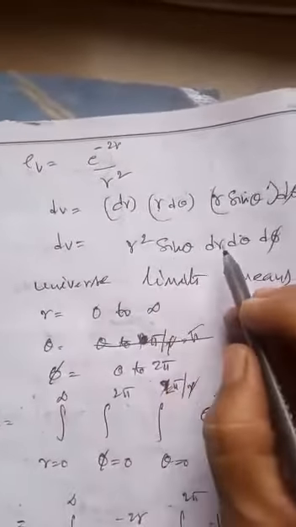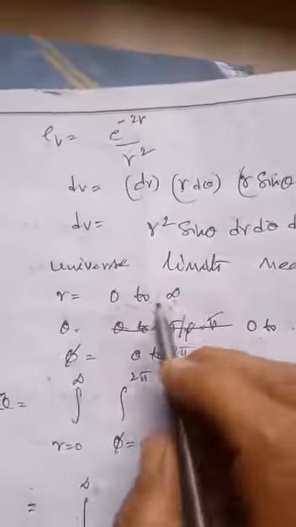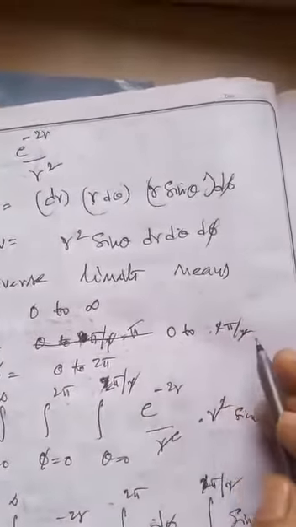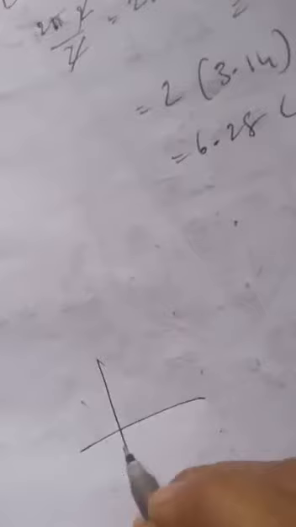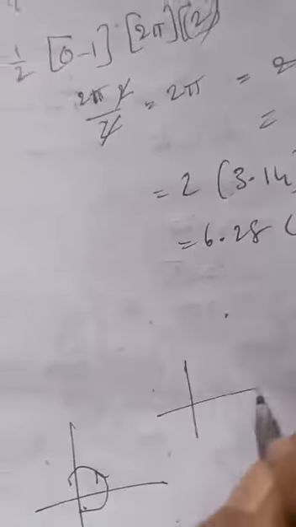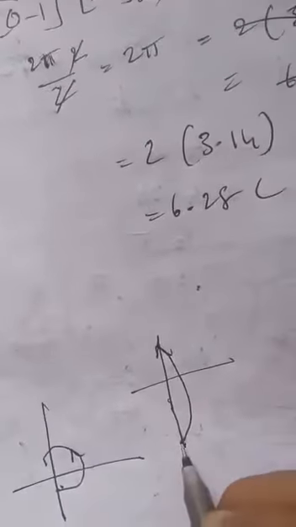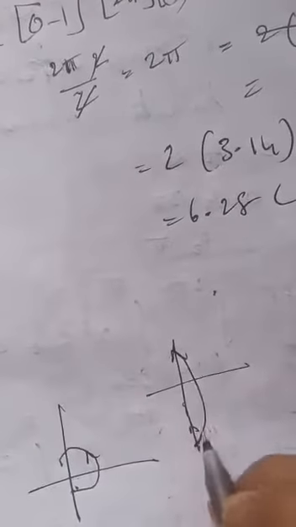Here the universal limits mean r varies from 0 to infinity and theta varies from 0 to pi. That means only a single direction. This is theta, whereas phi is horizontal: theta goes from here to here, only 0 to pi, only the half part, whereas horizontally it is rotating.